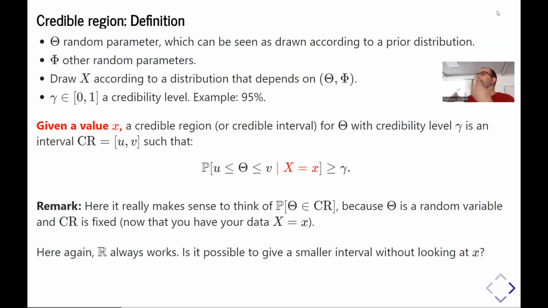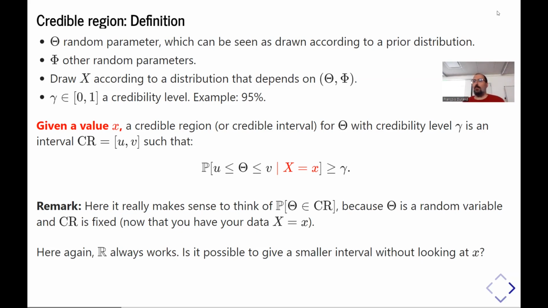So you can imagine either that it's really random or that the randomness of theta simply reflects the prior information that you have on theta. You have also other parameters, phi, that can also be random. Once theta and phi take their value, then x will be drawn according to a distribution that itself depends on theta and phi. You give yourself a credibility level, so typically 95%, for example.